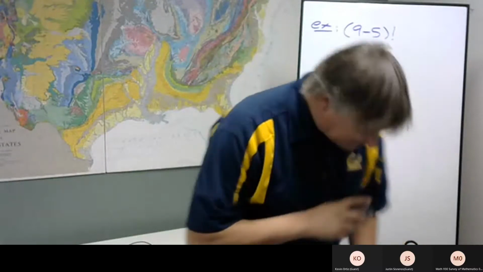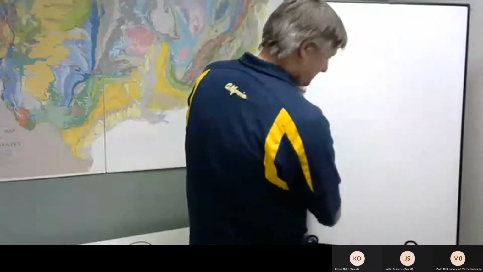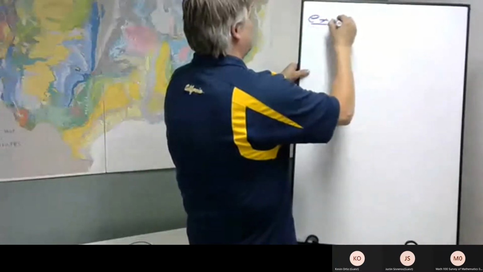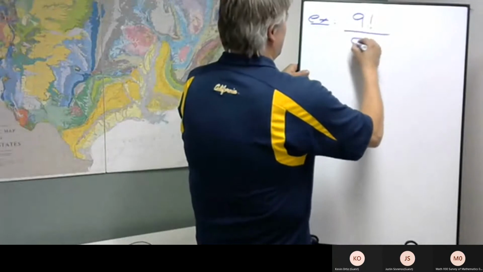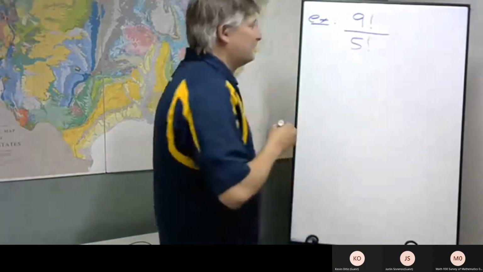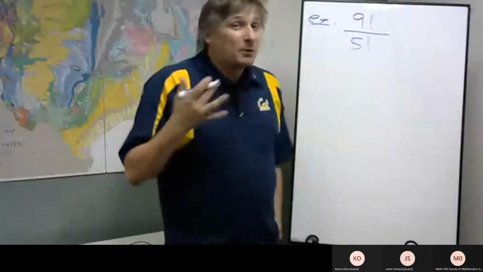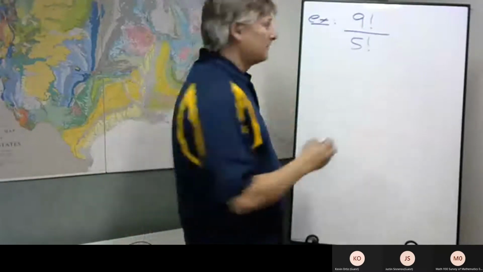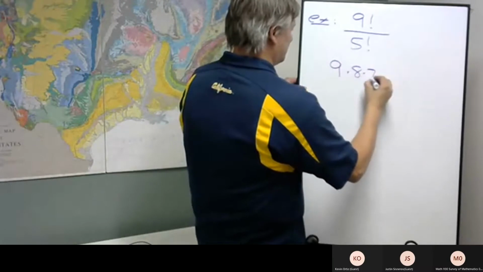Let's do this. Once again, we've got 9 factorial, which is not my most favorite factorial. Now, what we can do is expand this. Now, expanding it means putting it as multiplications.